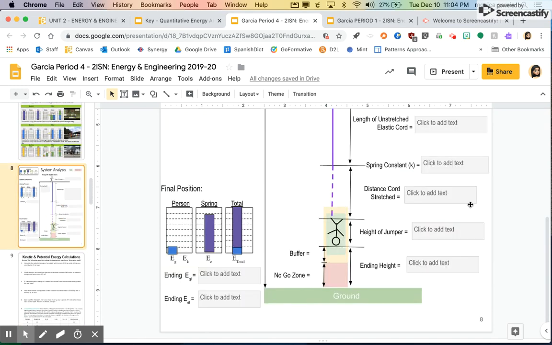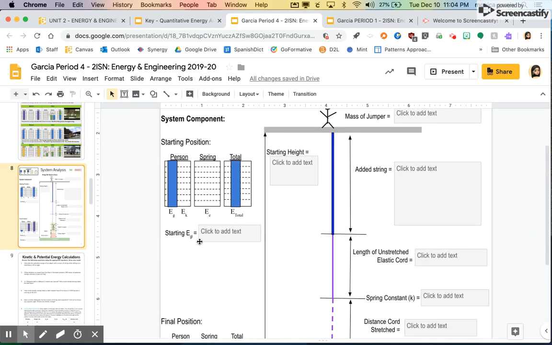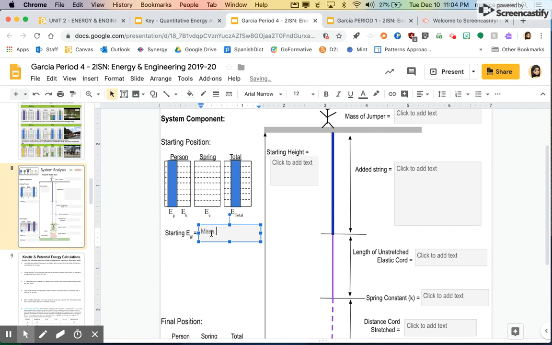So in this case, in this box I want you to write mass times gravity times height. Oh, excuse me, starting height. It's important that you put starting height, not just height, because we're talking about the gravitational energy at this position.